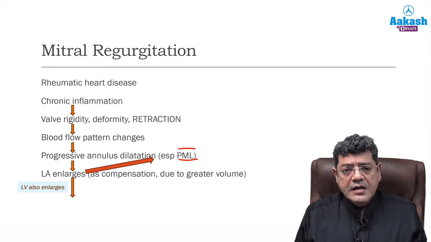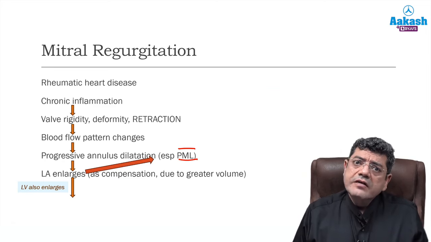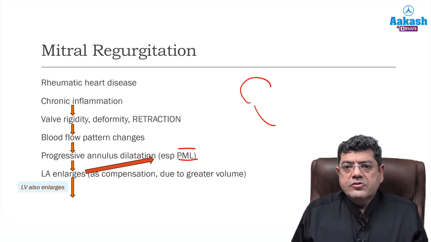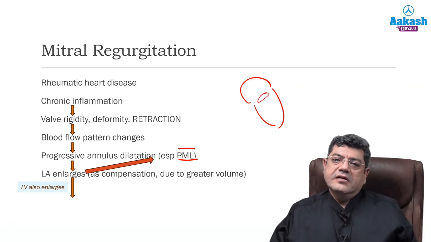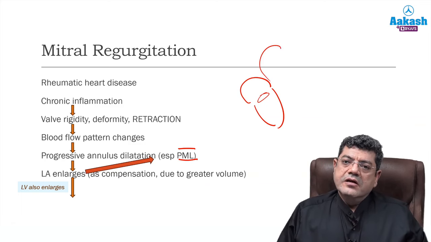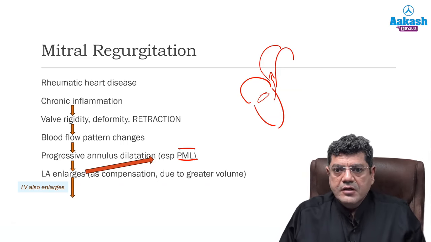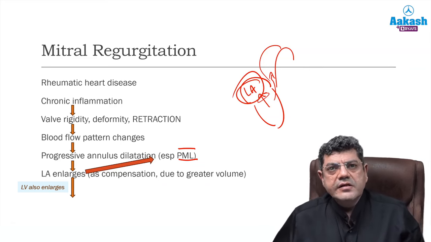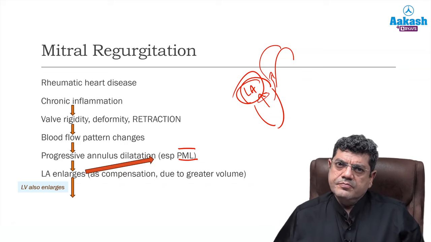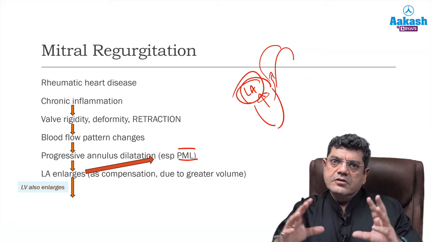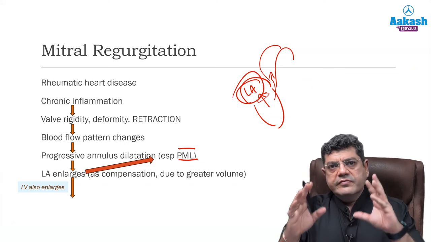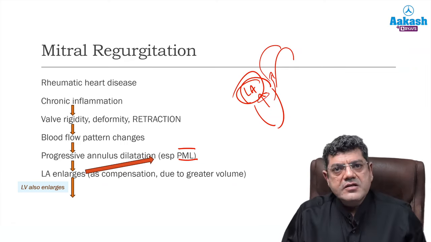Now, what's happening to the LV is that when chronic MR starts, things are very nice for the left ventricle. It empties into the aorta, but the aortic pressures are very high, 120 systolic, whereas it can decompress very easily into the left atrium. So for a span of a few years, the left ventricle is happy and does well.